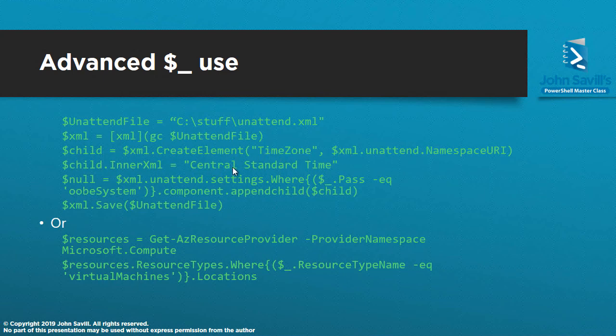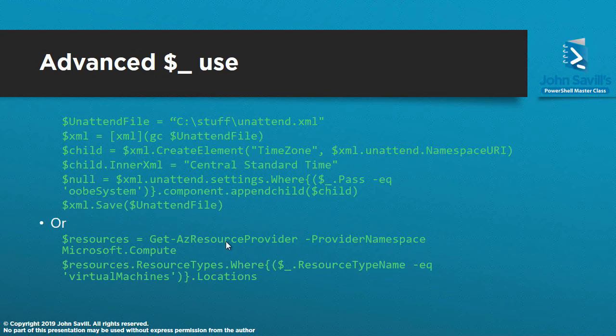And I set that to Central Standard Time. I then basically walk through the settings part of the XML of the unattended section. And if the pass equals, so $_, I'm looking at the child components of settings. If it equals oobeSystem, I add in my new setting, which was TimeZone, to Central Standard Time. And I save it out to a new file.